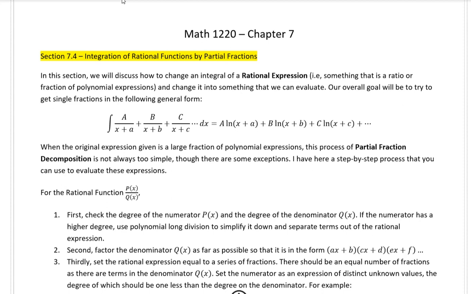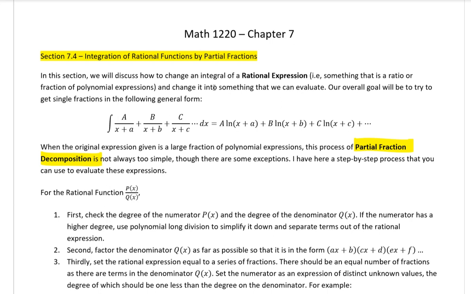This overall process of taking a complicated polynomial expression and simplifying it into very small bit-by-bit fractions is going to be what we call partial fraction decomposition. Now, it's not always the easiest thing to do, though, as you may expect. Taking a very complicated-looking fraction of polynomials and splitting it up into individual pieces is not going to always be very simple.